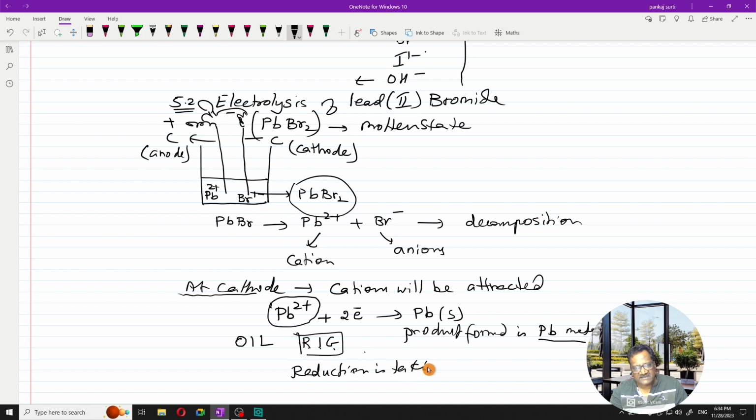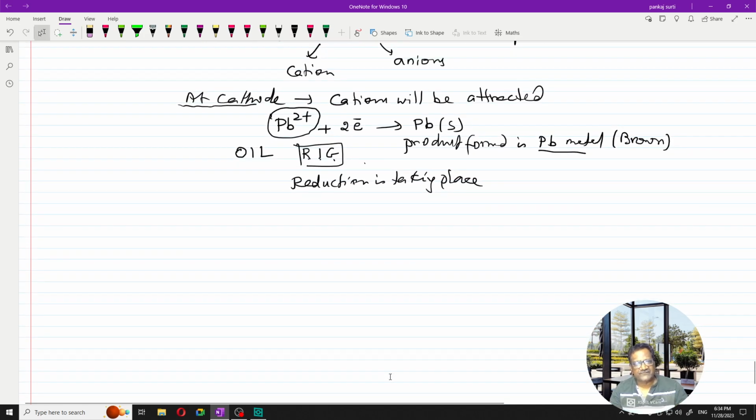This is also known as a half cell reaction, because whatever is happening at the cathode is a half cell reaction, and another half cell reaction is what is happening at the anode. So at the cathode, this is happening and you get this lead accumulated.